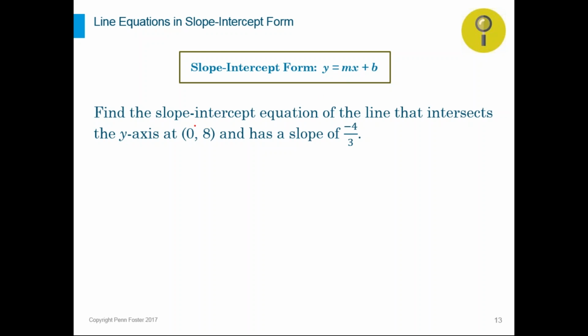So this is the y-intercept, and we know that b is the y-coordinate of that point, so b equals 8. And the slope is -4/3. I can easily put that together and give the equation of the line, y equals -4/3 x plus 8. And that's the equation.